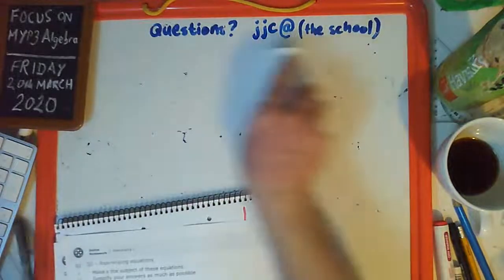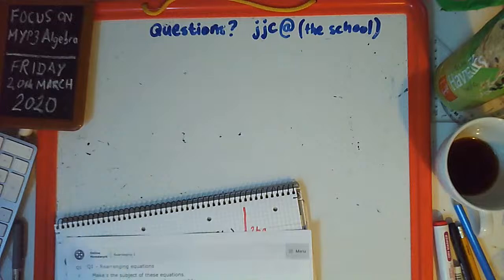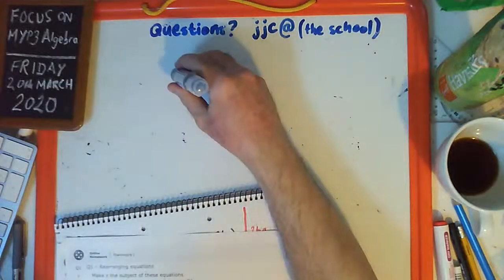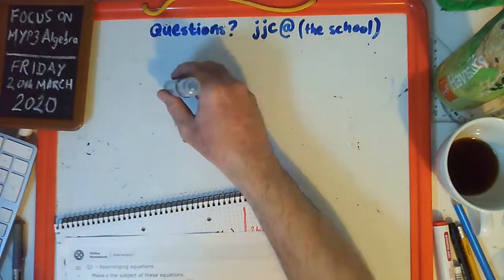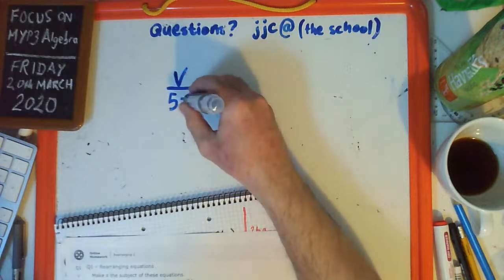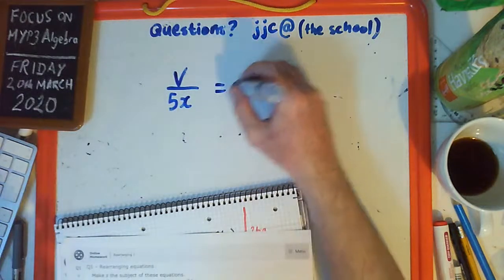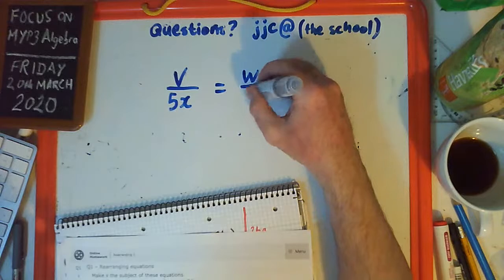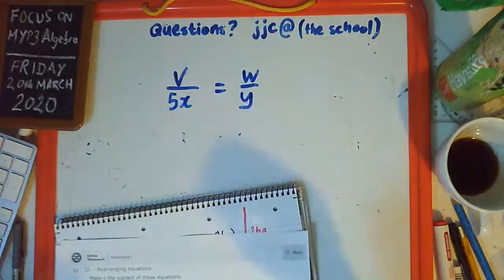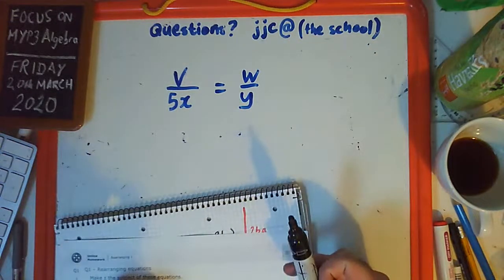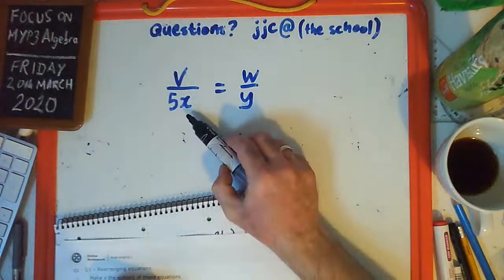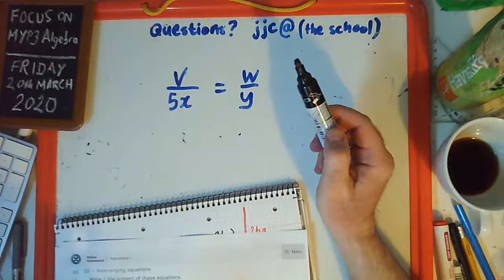Next one. Next one's super tricky because it's got two fractions in it. v over 5x equals w over y. It's tricky because it's got two fractions in it, and it's tricky because the x that we're trying to get is at the bottom of the fraction.